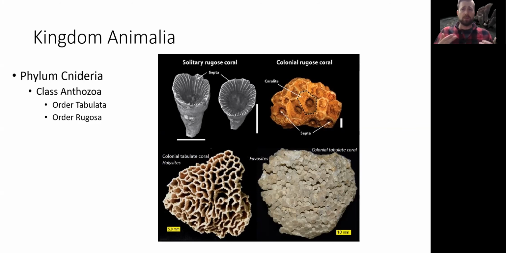The tabulate corals on the bottom are all colonial and much, much smaller. For example, in the colonial tabulate coral Halysites on the left, the big wide open spaces in between that chain-looking structure are not where they were living. Look at the tiny little pores on the little chain link itself. That's where the polyps were actually living.